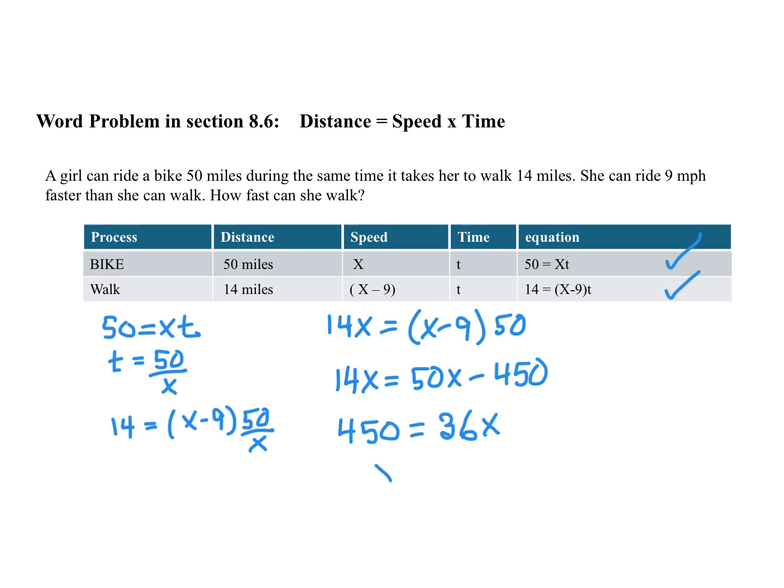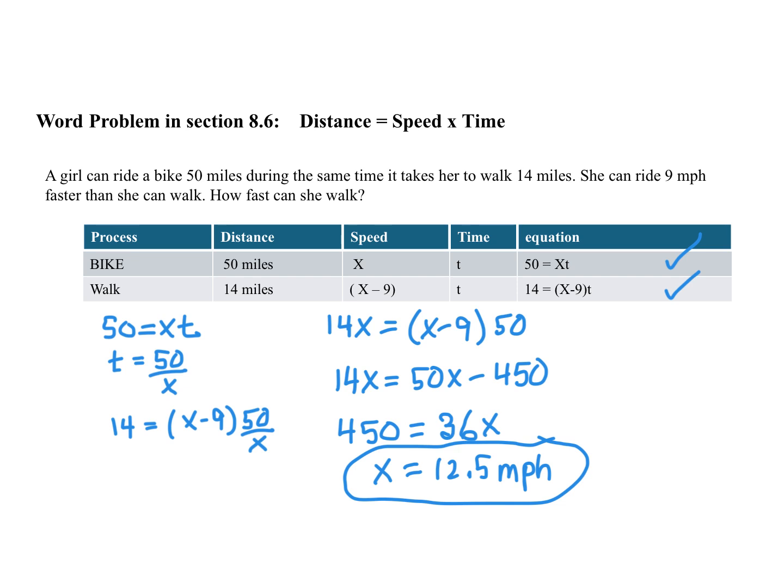And now x, when we divide 36 into 450, we get 12.5 miles per hour. So that's the speed at which she is traveling on the bike.